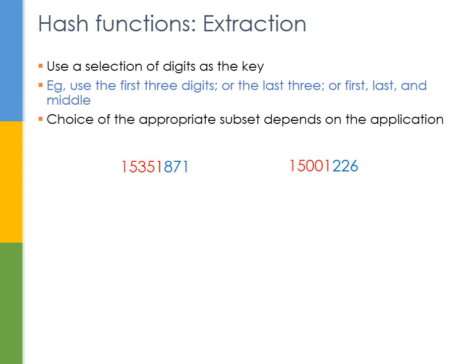So for the phone numbers, we have determined that the first 3 digits are a bad idea. What about student numbers? Well, it turns out for the student numbers, the first few digits are also a bad idea, because they typically encode the year in which you have registered for your degree, right? The year in which you started studying. So in this example, I have both student numbers starting from 15, which tells me that they have both registered in 2015.